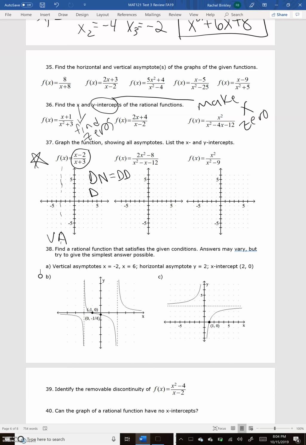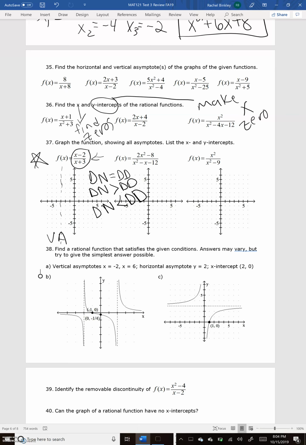But if the degree of the numerator is greater than the degree of the denominator, you're going to have a slant asymptote, which means the asymptote is actually going to be a separate function that you can figure out by doing the long division or the synthetic division. And then what if the degree of the numerator is less than the degree of the denominator?